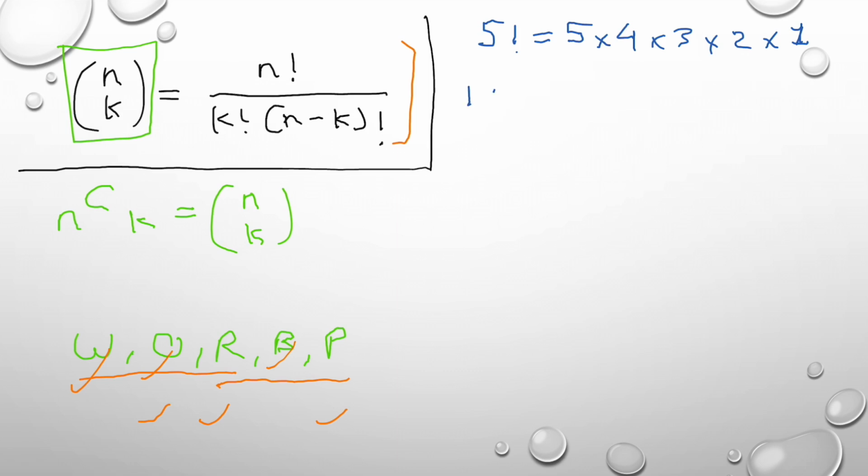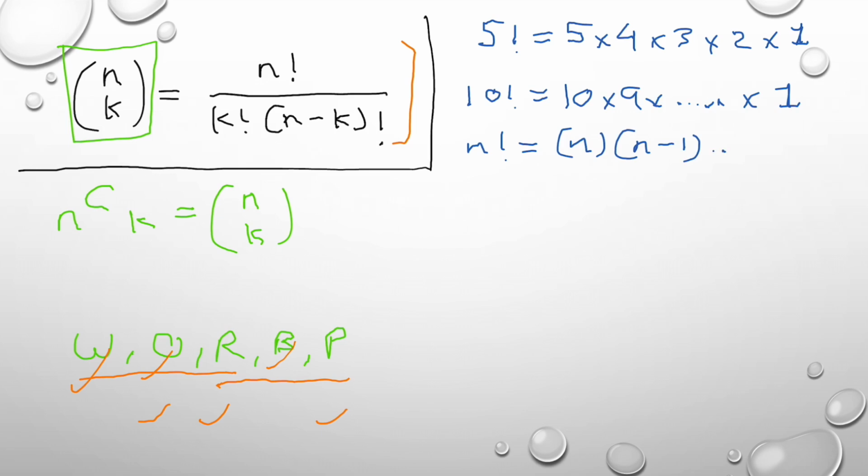If I ask you 10 factorial, then we write 10 times 9 times 8 times 7 all the way down till times 1. In general, n factorial means n times n minus 1, dot dot dot, all the way till 1. That is what is meant by factorial. You multiply the number itself and all integers less than it up till 1.